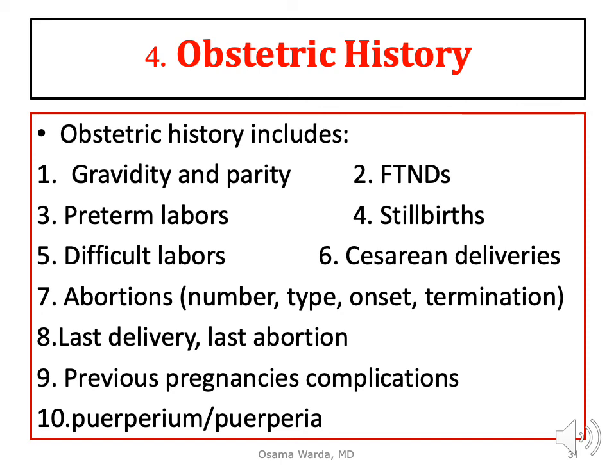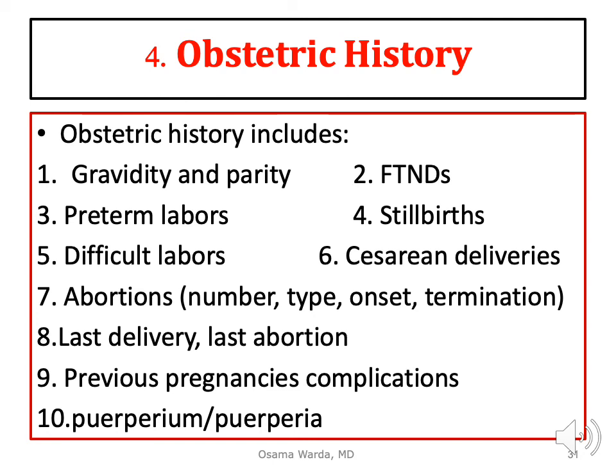Then we ask for abortions. Abortions are pregnancies that had been terminated before 20th week gestation. It may be first trimester abortion or second trimester abortion. We ask for the number of abortions, type of abortion, how it started, and how it terminated.